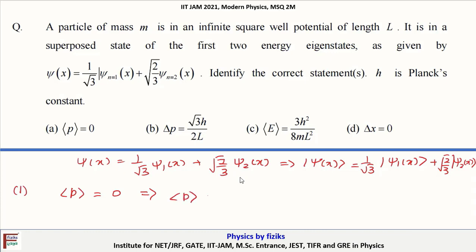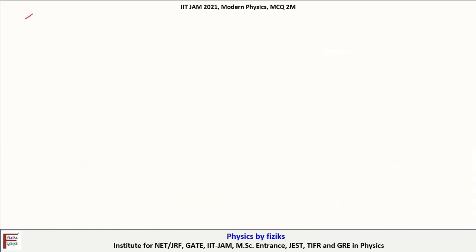Average P is written as psi P psi, which can be represented as 1 by 3 of psi 1 P psi 1 plus 2 by 3 of psi 2 P psi 2. Now P psi 1 we can just do for one case.